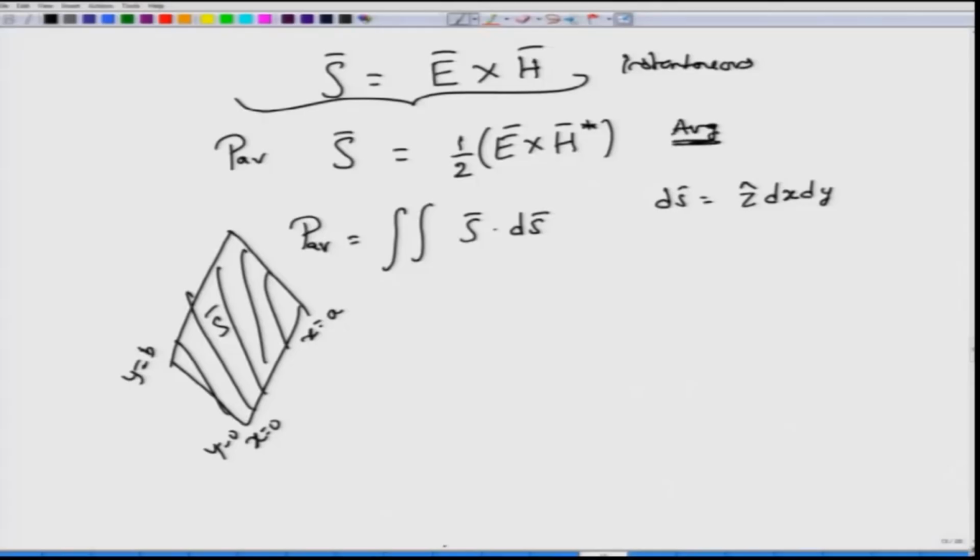In that particular case the time average power is given by half E cross H star, where E and H are represented by their complex forms. That is, we do not have e power j omega t, which is already assumed implicit. Okay. So, the time harmonic form, the complex form, or the phasor form, they all are essentially the same, just the names are different. The fundamental idea is the same.